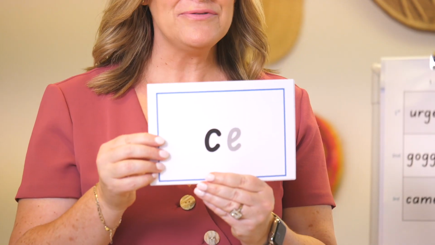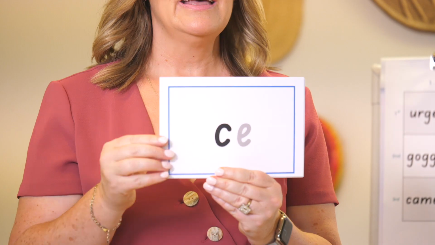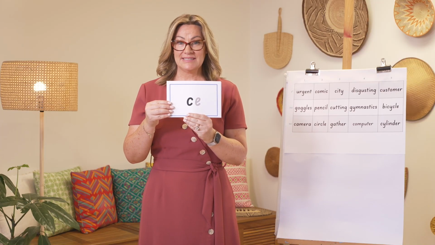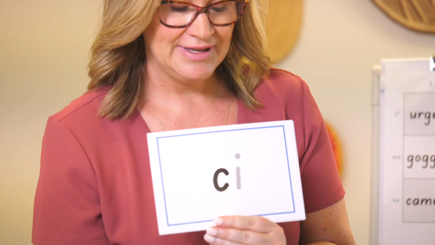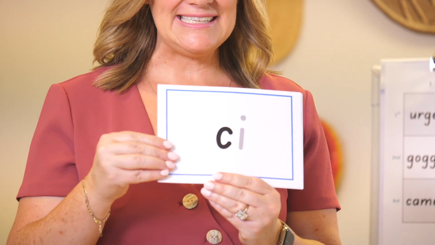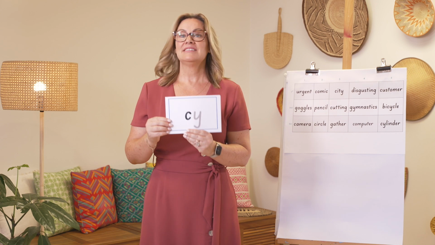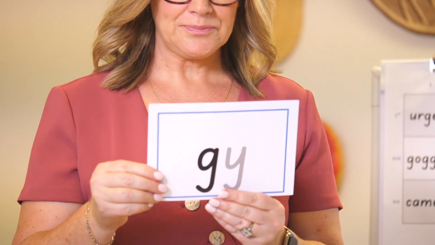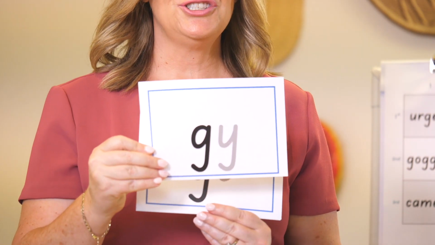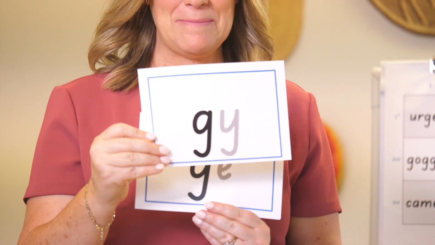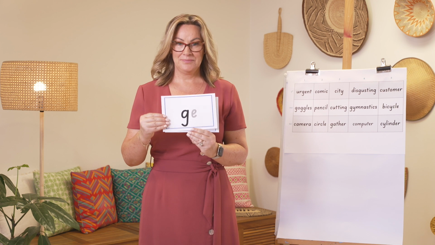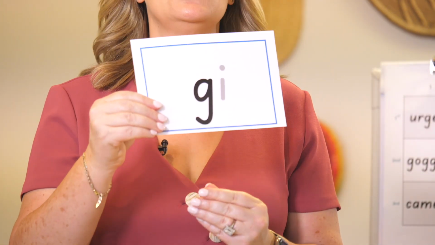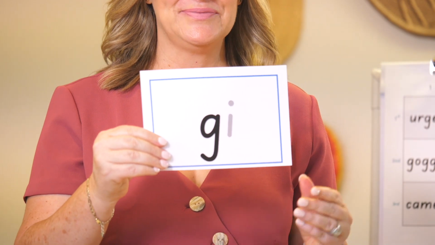And here we have those when it's following a vowel, E, S as in scent, C as in city, Psy as in cycle, J as in gym, J as in gem, J as in giant.